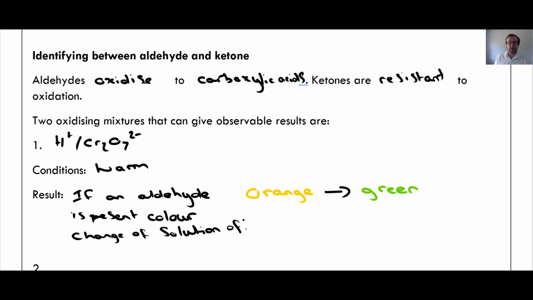As a point of reference, the reason this happens is that we're changing the oxidation state of our chromium transition metal. I won't go into too much detail, but what actually occurs is this reaction: Cr3+ is green and Cr2O7 2- is orange.